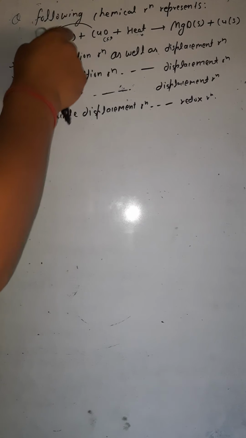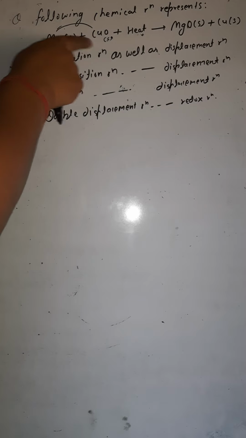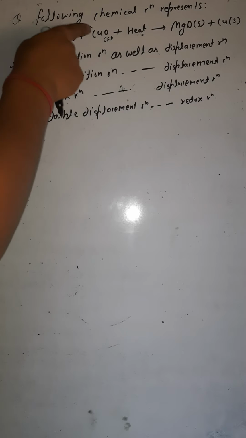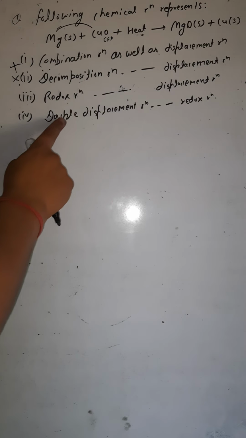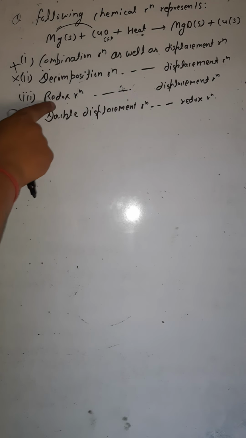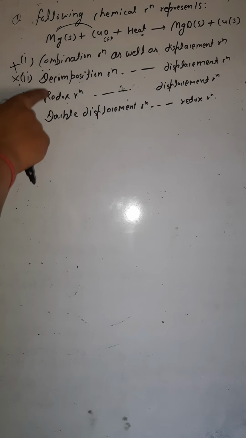Redox and displacement, let's see whether it is redox and displacement. Yes, obviously it is displacement, because the magnesium is taking the place of copper here, and copper has been displaced. But whether it is a redox reaction: redox means reduction and oxidation taking place simultaneously. So let's see whether reduction and oxidation are taking place simultaneously or not.